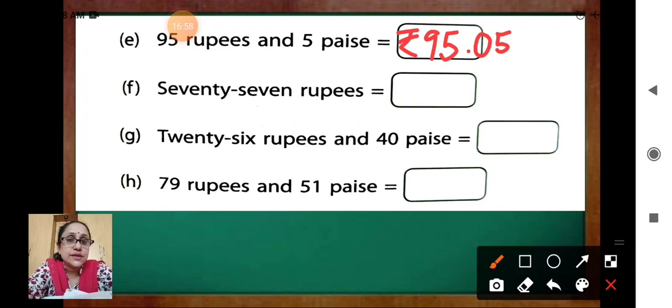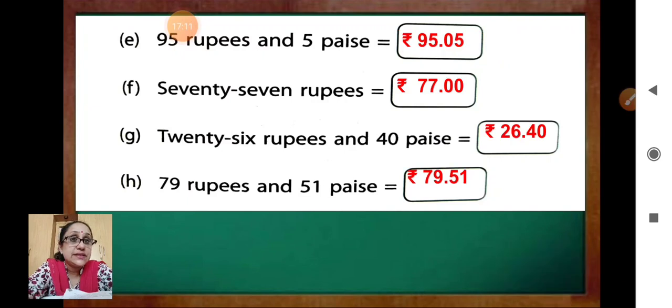You all can do yourself. 77 rupees. So you will write rupees 77.00. Question G, 26 rupees and 40 paise, rupees 26.40. Question H, 79 rupees and 51 paise, you will write rupees 79.51.